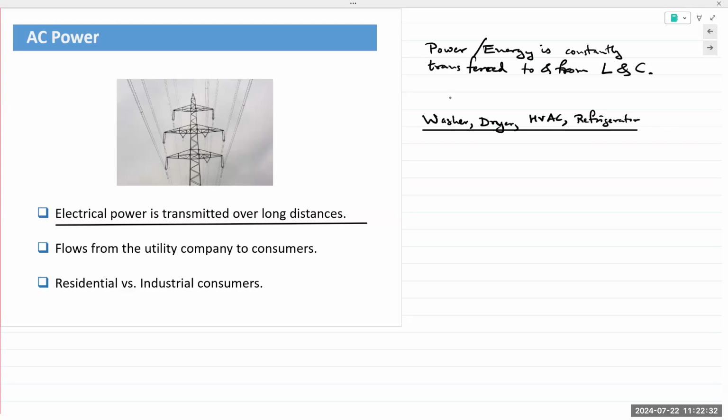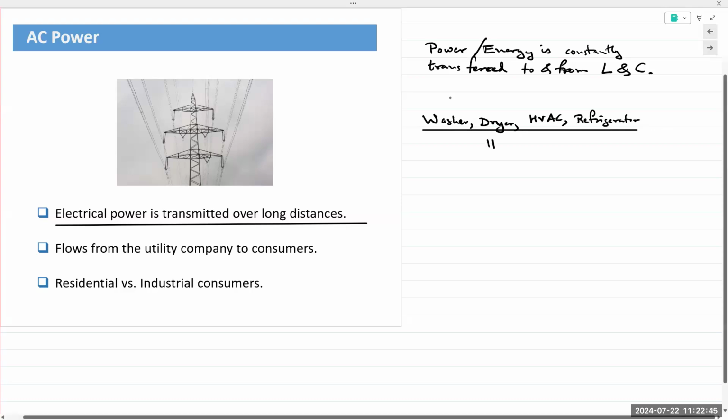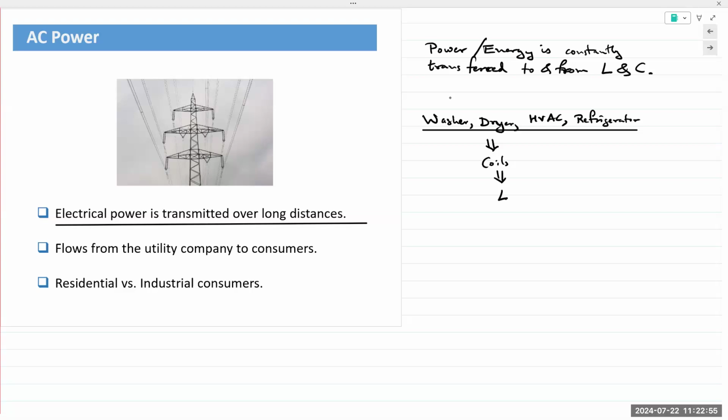Let's take a washer or an HVAC unit, for example. It has a motor. The motor spins. The motor has a coil inside it. The coil, electrically speaking, is nothing but an inductor. It's a current carrying wire that is wound in a spiral shape.